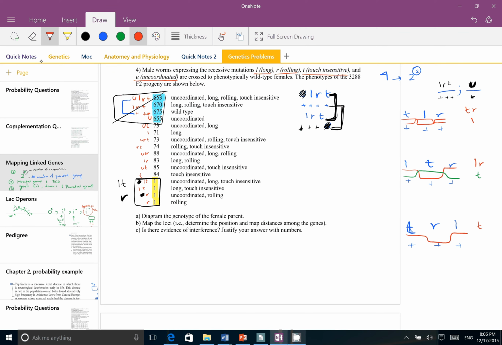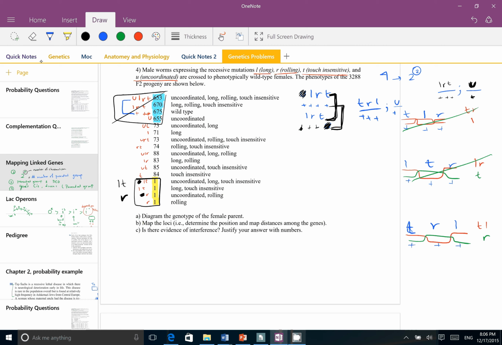This is my TL. And now for this one, I have wild type, R, wild type, so it's R. So which one represents my double crossover? It's this one, because I don't want this one, I don't want this one. This one represents how my double crossover looks like. So I'm gonna write this order. It's TRL plus plus plus, and then the other chromosome, it's gonna be U and plus.